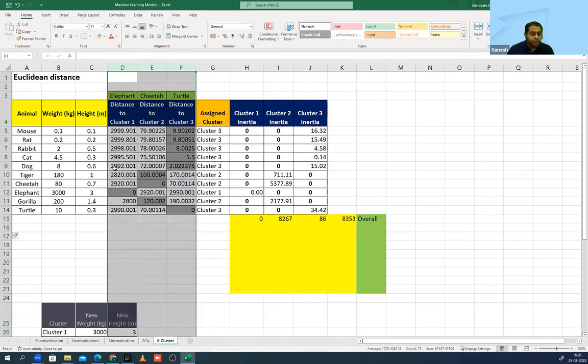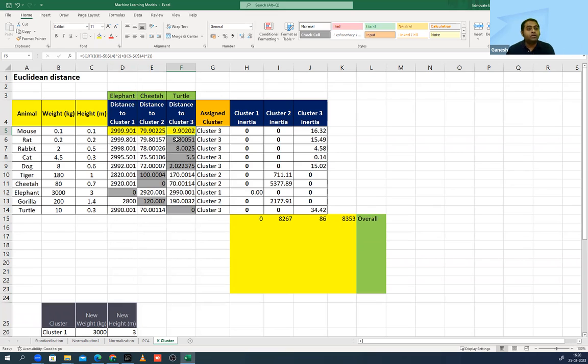Now think logically. Look at the first data point. If you look at mouse, it is very far away from elephant, the center of the first cluster. So I am not in the first cluster. Between the second and third, I am very much closer to the third cluster's center.